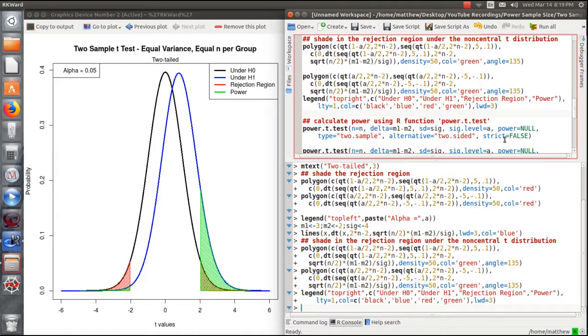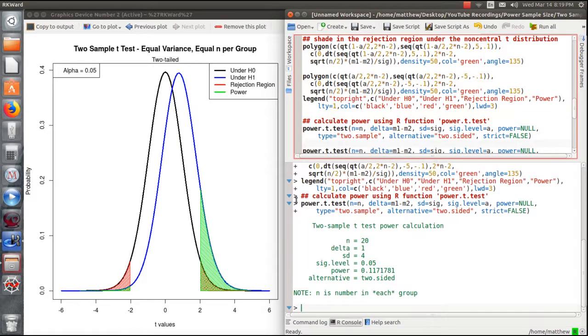I'm going to say false, which is the default in R, and false means it calculates the area under the curve under one side, and that's the side that has the most area. So calculating this, we get a power of 11.7%, and that's the area under this tail only.